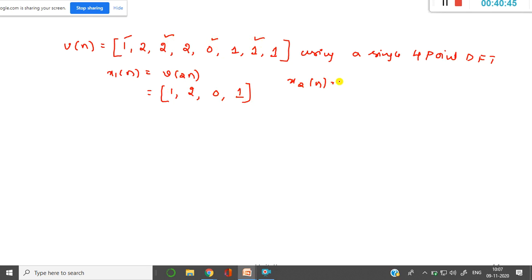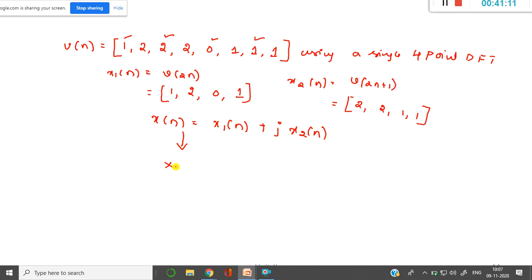Next, x2 of n is equal to v of 2n plus 1, the odd sequence, which is again 2, 2, 1 and 1, right? You need to combine them in the form of a complex value, that is x1 of n plus j times x2 of n. So obtain its DFT here.